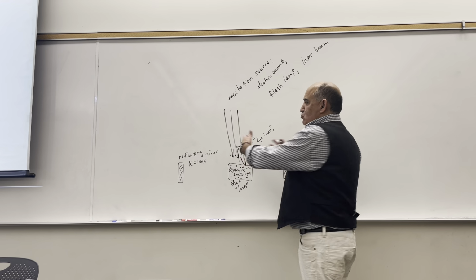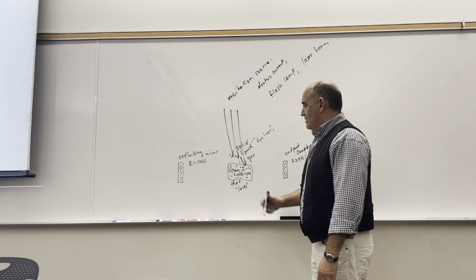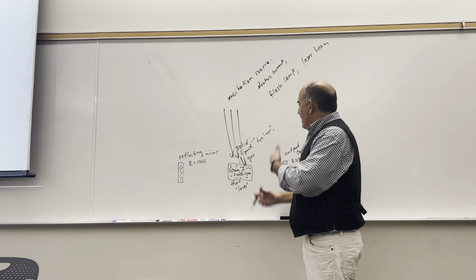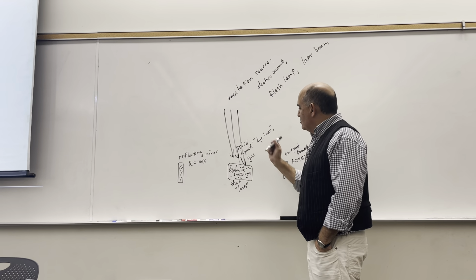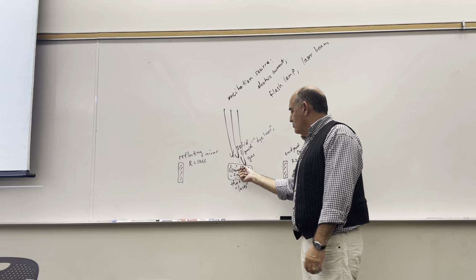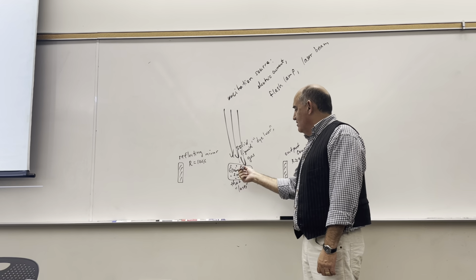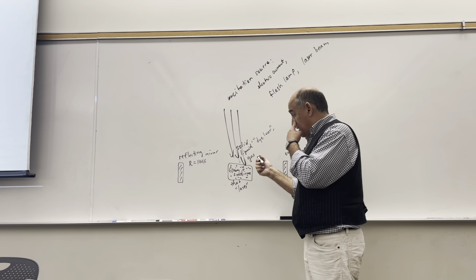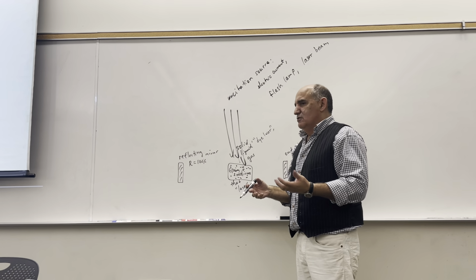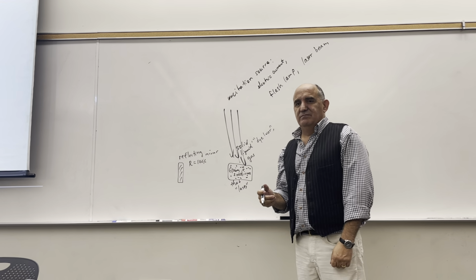So you use a laser to drive another laser, right? And for example, the YAG laser can be used to excite the dye laser. The output of an argon ion laser can be focused in here. If this is a titanium sapphire crystal, titanium sapphire laser, then you use the output of a laser to get another laser going.